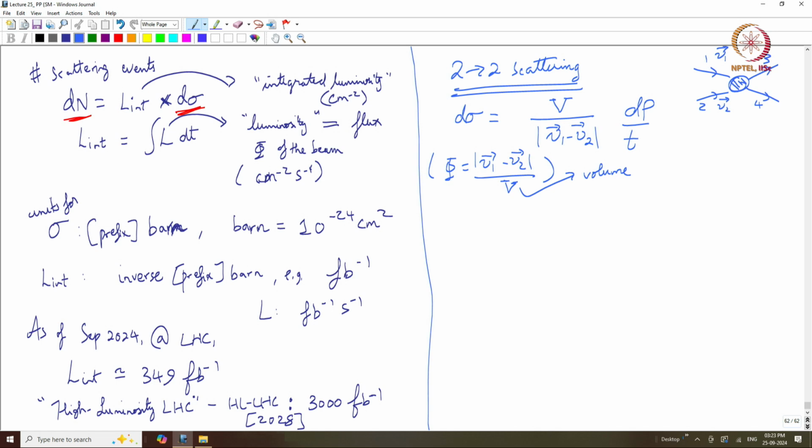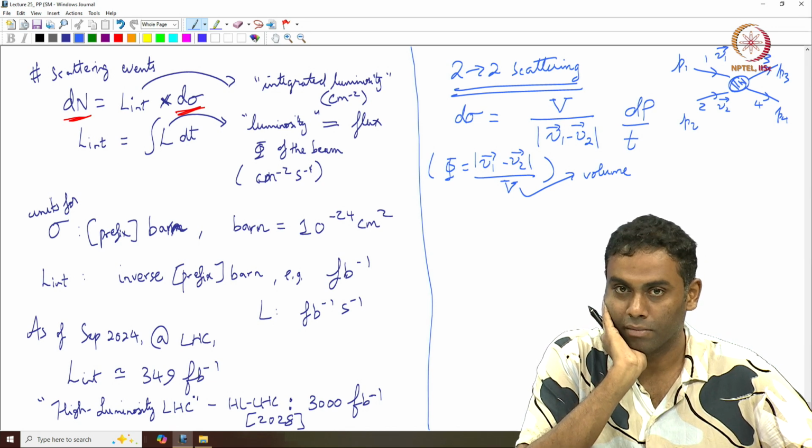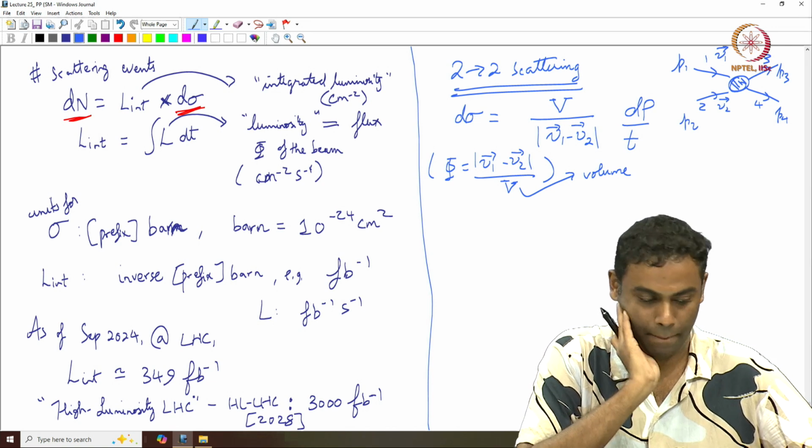Now we need to figure out what each of these quantities actually is, and in particular what this dP is. So of course it is the probability for the incident particle to scatter, but in terms of what you do have here, like the 4 momentum of the initial state, 4 momenta of the final state, and so on, what that probability could be is what we are trying to find here.